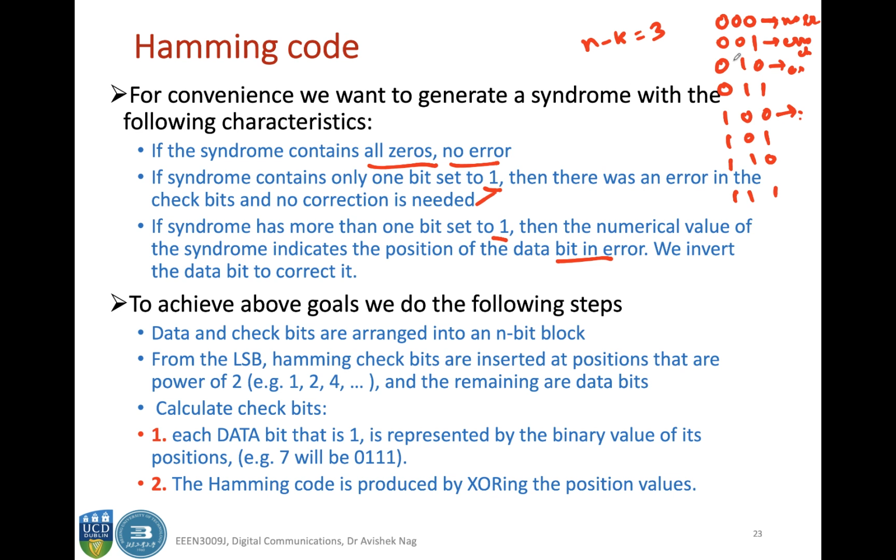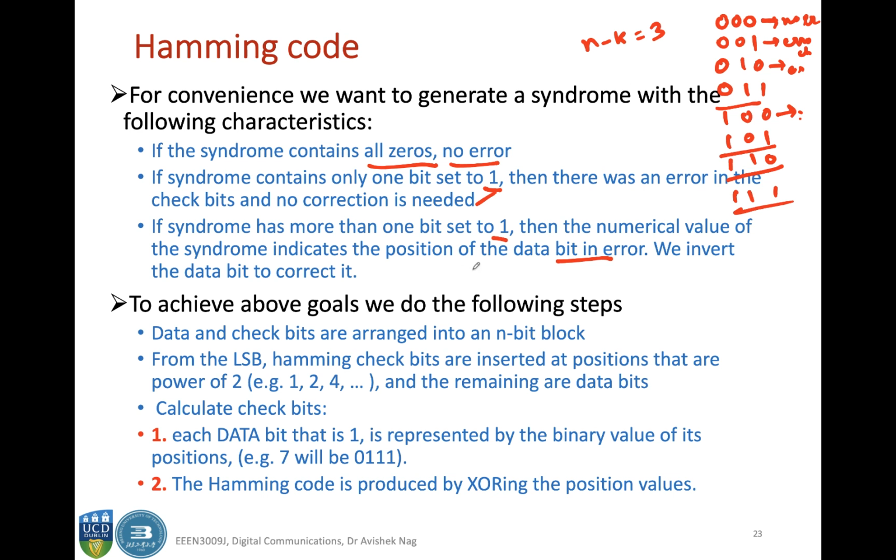For the other cases, when the syndrome has more than one bit set to 1, for example this one, 011 means the third bit in the data has an error. 101 means the fifth bit in the data is in error. This means the sixth bit in the data is in error, and this means the seventh bit in the data is in error.